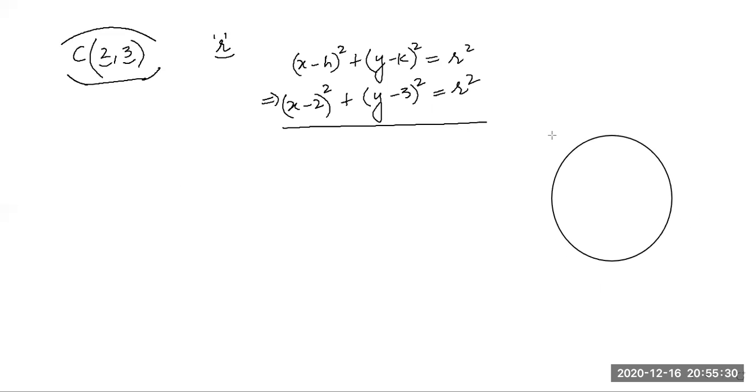Let us say its radius is 1. Let's assume its radius is 1, okay. And let's say its center is 0, 0. So students, can you tell the equation of the circle?